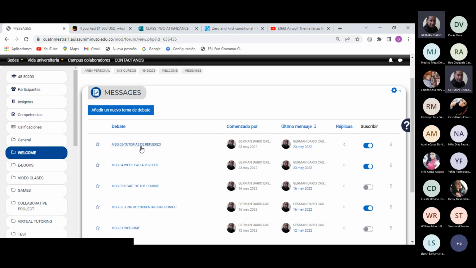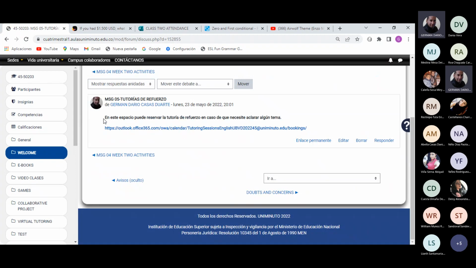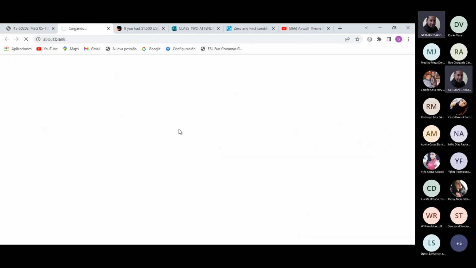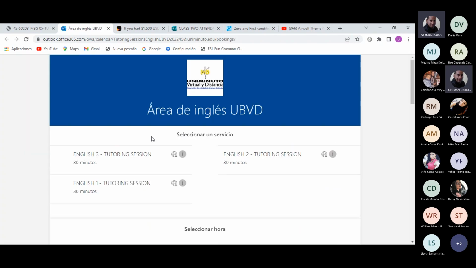Entonces, ustedes se meten acá donde dice tutorías de refuerzo y le hacemos clic a ese foro, y acá tenemos un link. Dice: en este espacio puede reservar la tutoría de refuerzo en caso de que necesite aclarar alguna temática. Usted le hace clic a eso. Y, one moment. Como pueden ver, acá tenemos unos espacios. Este espacio es nuevo, se creó este semestre para ayudarle a los estudiantes que necesiten un refuerzo. Supongamos que usted necesita un refuerzo de inglés 3 de cualquier tema, porque no lo entendió.